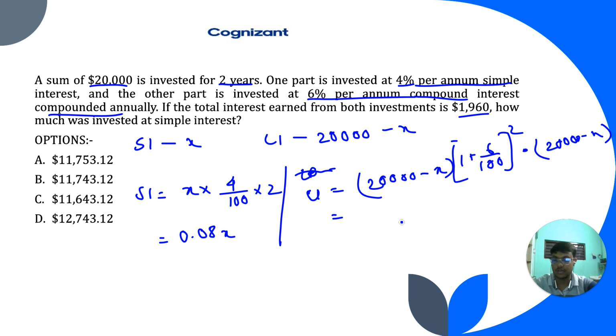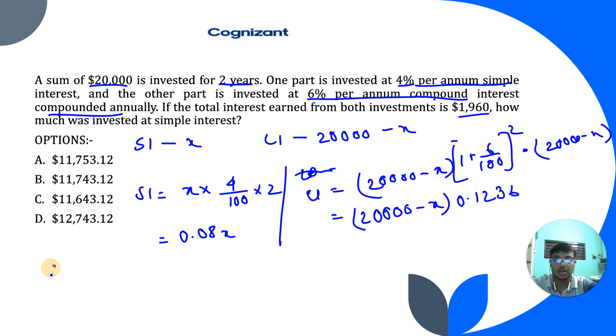So if we calculate it, you can take help of the calculator, and if we calculate it further, we would get 20,000 minus x into 0.1236. That would be the compound interest earned.